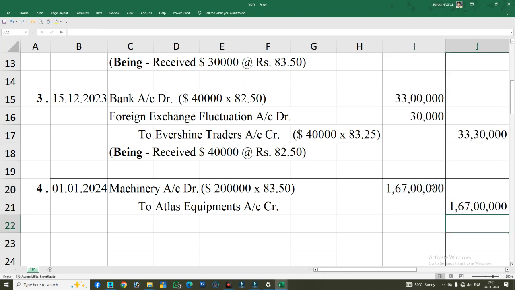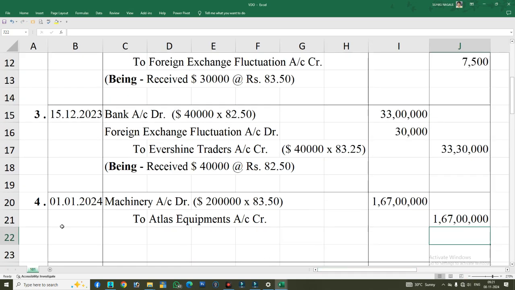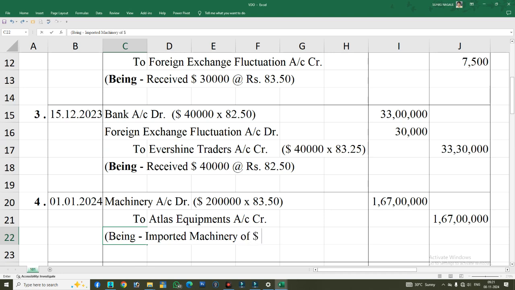Same right as it is, 1.67 crore. Write the narration: being imported machinery of dollar 2 lakhs at the rate rupees 83.50 per US dollar in Indian rupees. This is entry number 4.